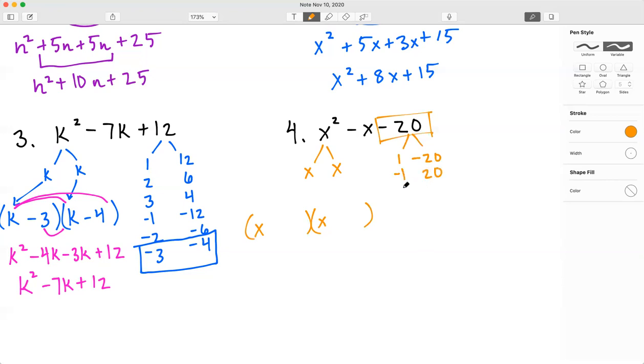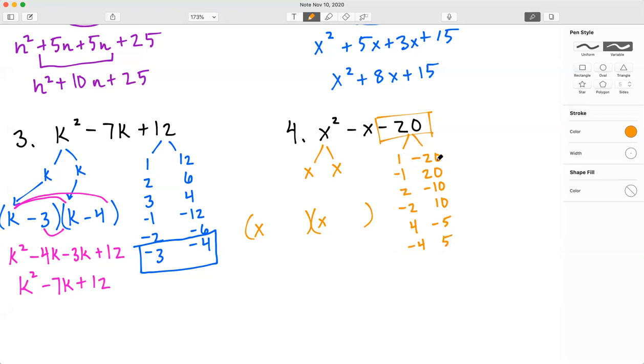That's another possibility. What else? We have 2 and -10. And then we have -2 and +10. And then we have 4 and -5. And then we have -4 and +5. And we don't have any more factors of -20.